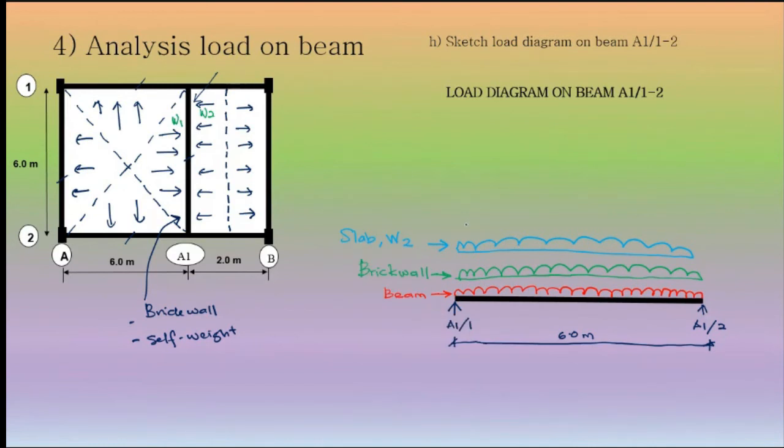W1 is two-way slab in triangle shape. So just draw triangle shape. And don't forget to draw the arrow of load parts. So this one is slab referring to W2.